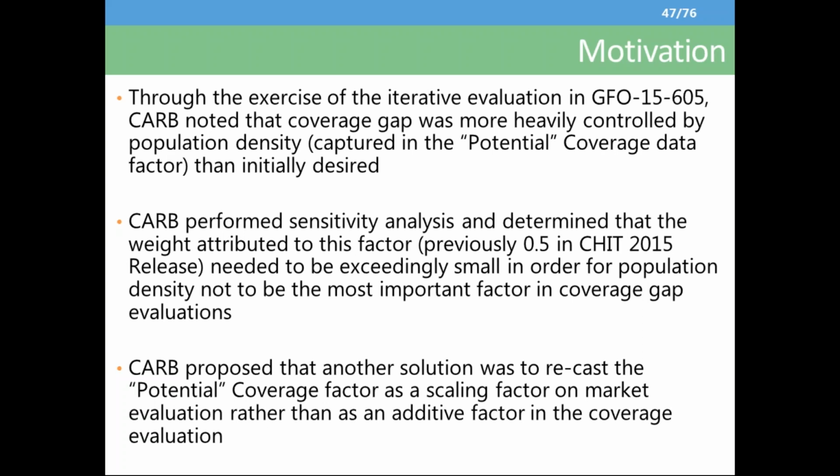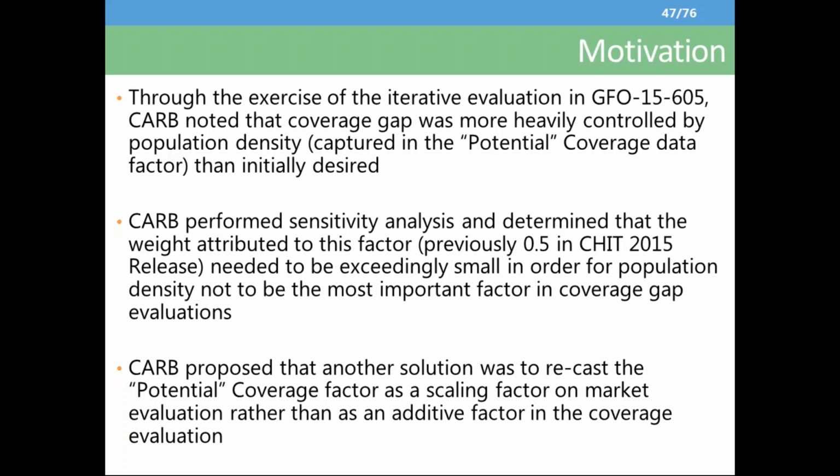It would allow too many stations to be clustered on a very high scoring area or a very high market value area than really should have been happening. So we performed a sensitivity analysis after 15605 to look at what was causing this. That helped us identify this particular input as really the culprit for this.